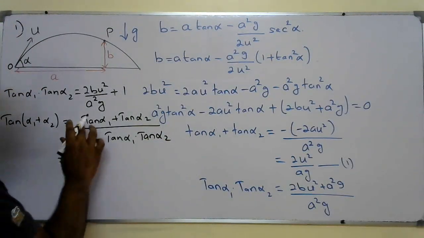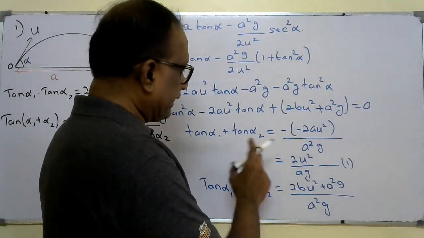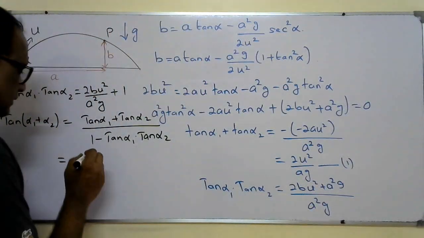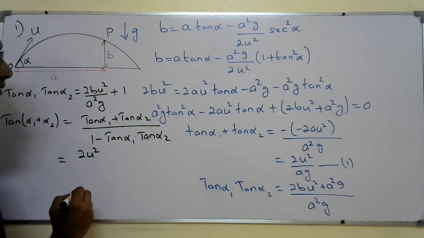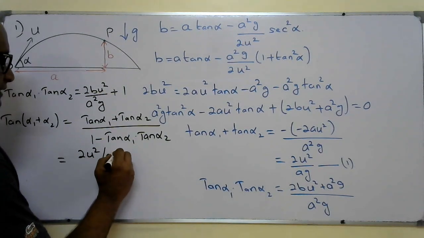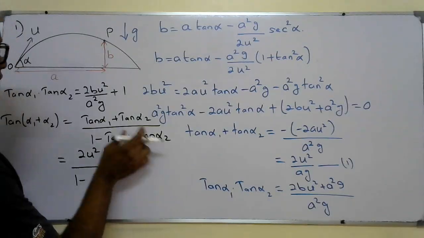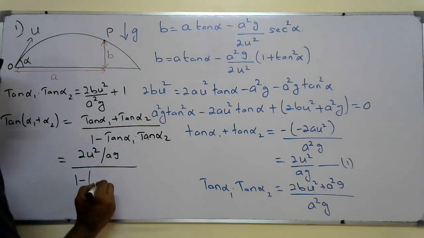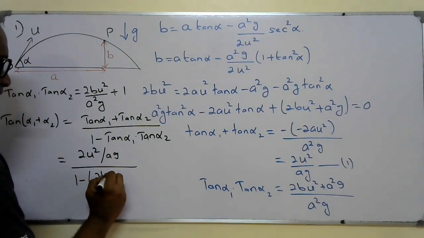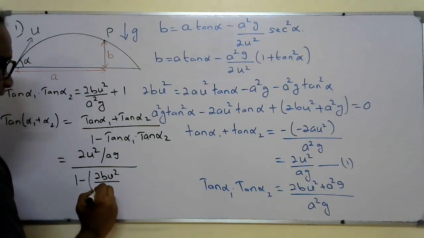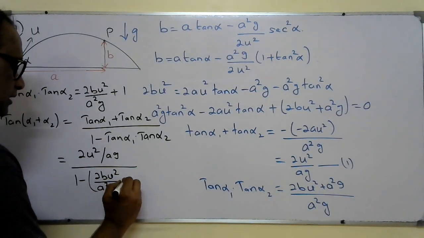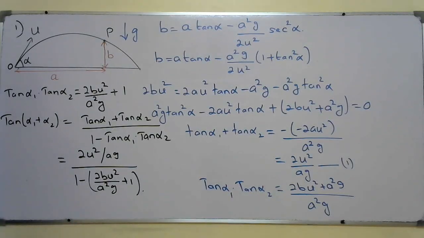Now we'll substitute here. Tan alpha 1 plus tan alpha 2 we have: 2u squared over ag, over 1 minus, tan alpha 1 into tan alpha 2, which we got: 2bu squared over a squared g plus 1. Solve it, you will get the answer.